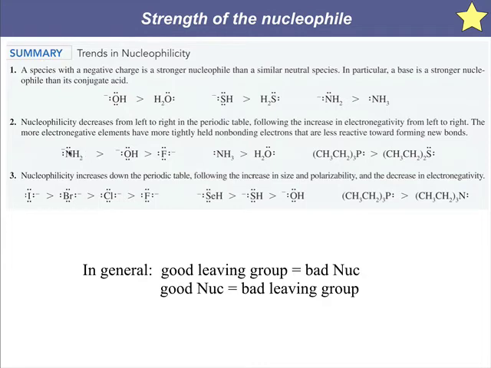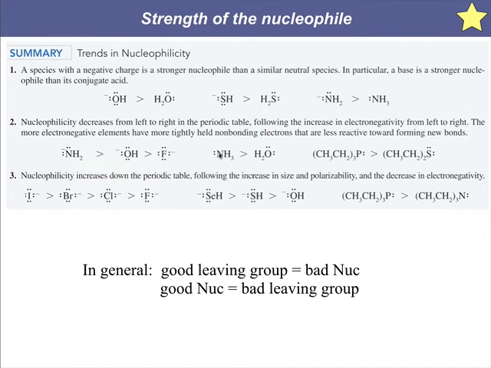So N would be a better nucleophile than O, which would be better than F. Negative N would be better than negative O, which would be better than negative F. Neutral N would be better than neutral O. P would be better than S. Again, S is more electronegative than P. O is more electronegative than N. F is more electronegative than O, which is more electronegative than N. So nucleophilicity decreases with increasing electronegativity.